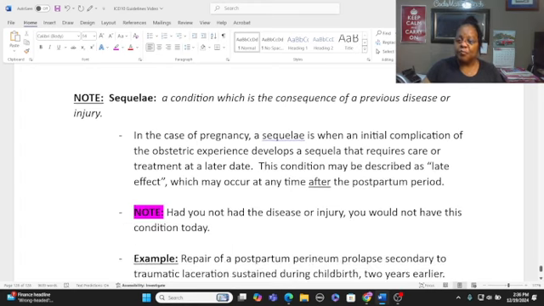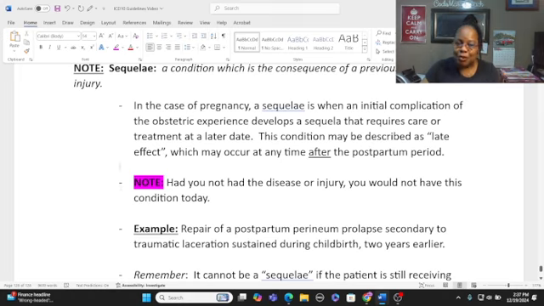So in the case of pregnancy, a sequela is when an initial complication of the obstetric experience develops a sequela that requires care or treatment at a later date. This condition may be described as a late effect, which may occur at any time after the postpartum period.